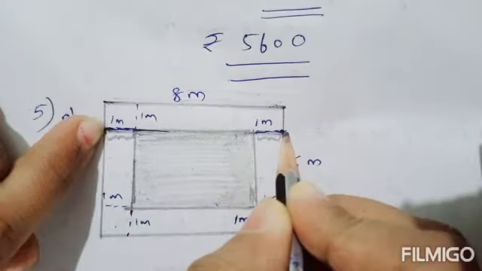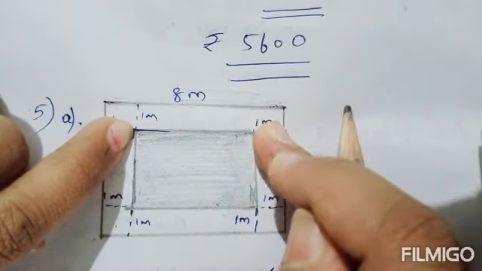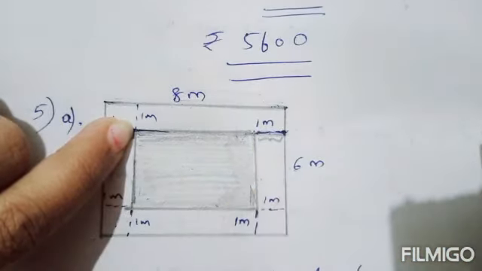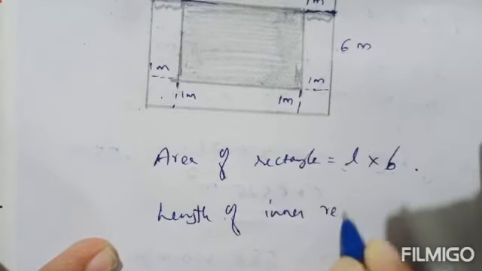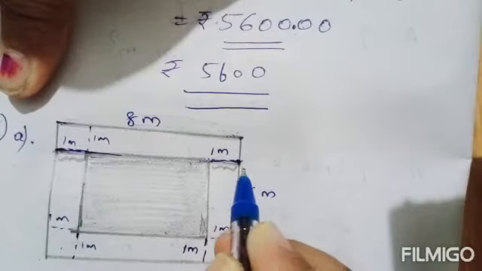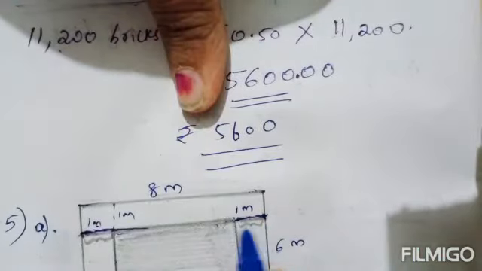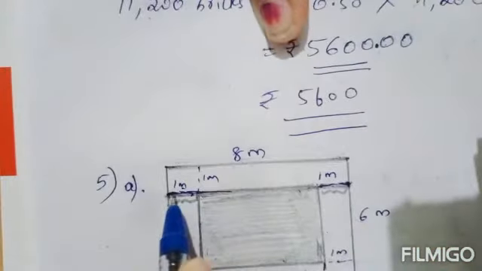Okay, the full length is 8 meter. From that, this 1 meter and 1 meter you have to subtract. Then you will get the length of the inner rectangle. So the length of the inner rectangle will be: the full length is 8 meter, so 8 minus this 1 meter, minus this 1 meter also. 8 minus 1 minus 1.